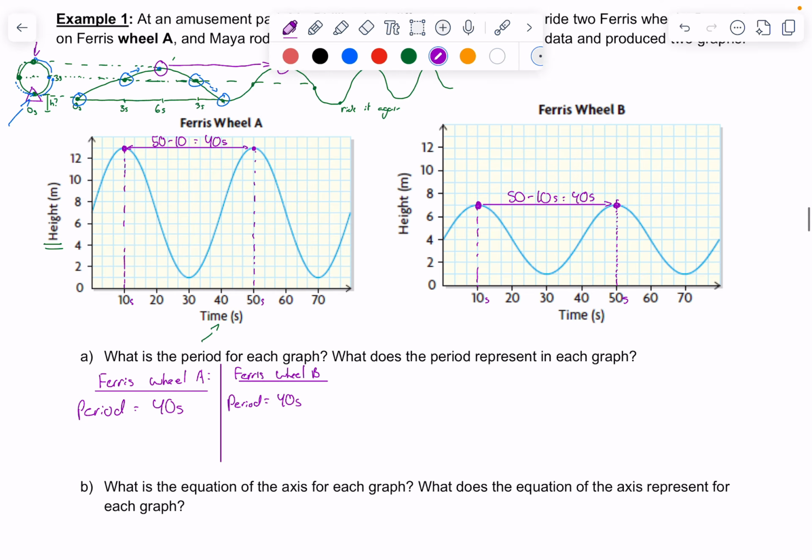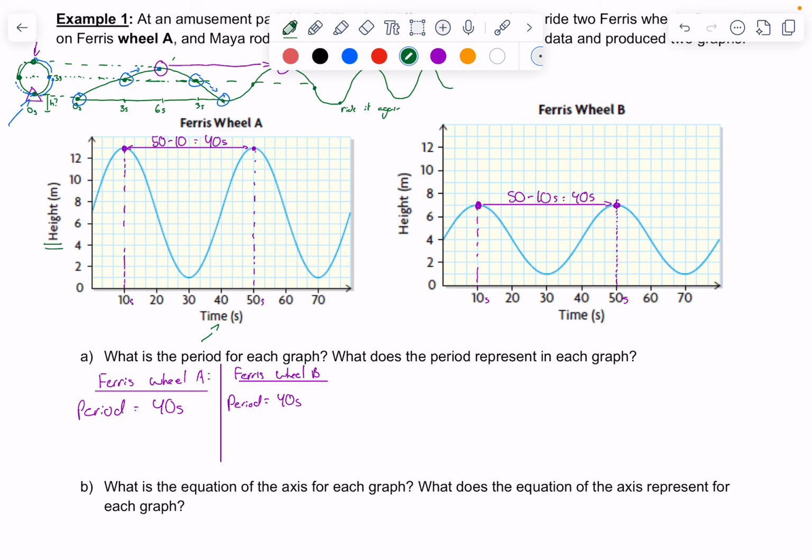So what does the period represent in each graph? Well, the period, and these are classic, by the way. Ferris wheel is like your classic example of an oscillating feature, but the concept is the same for any type of circular motion.